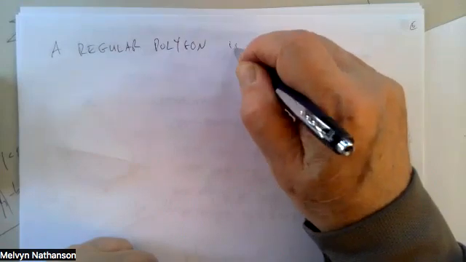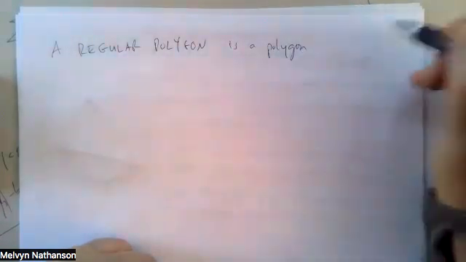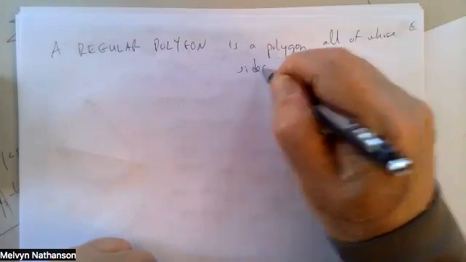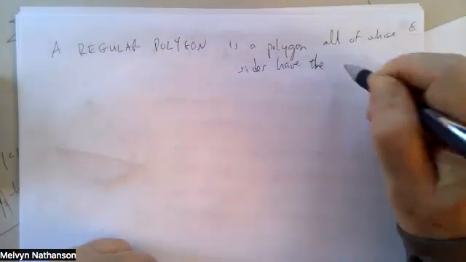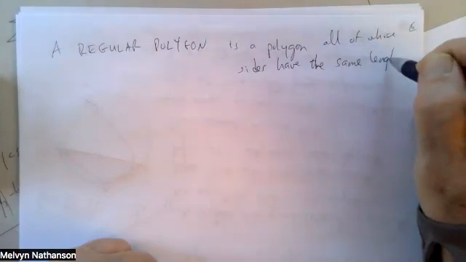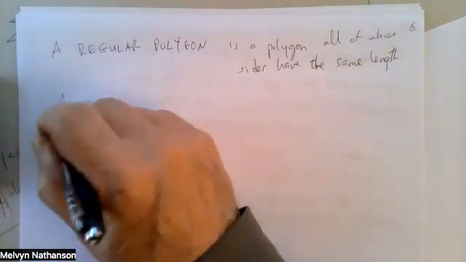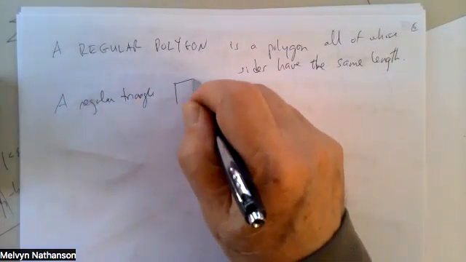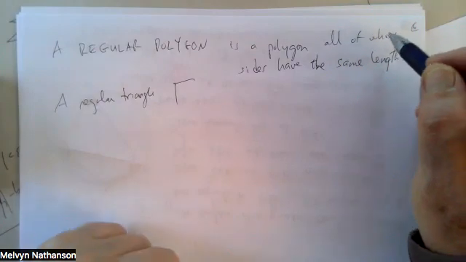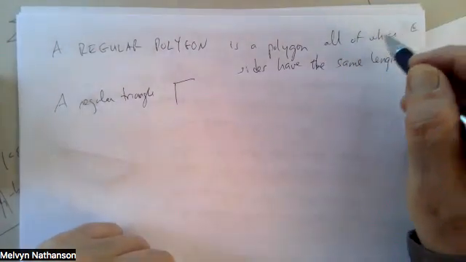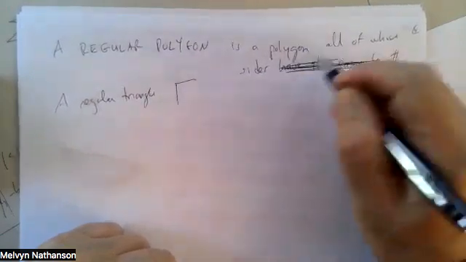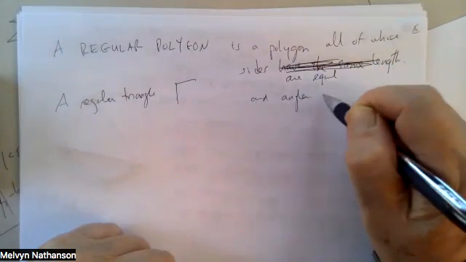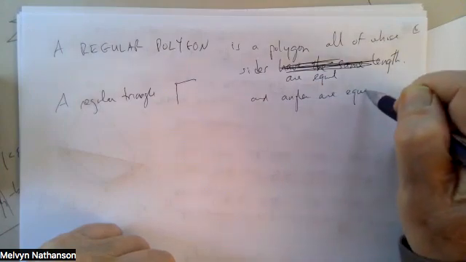And a regular polygon is a polygon all of whose sides have the same length, or let's say all of whose sides are equal, and all of whose angles are equal.